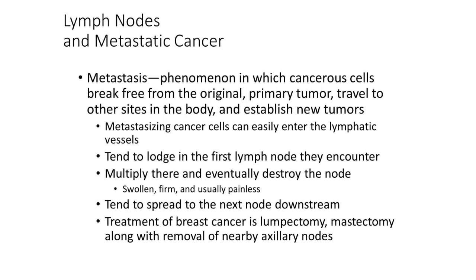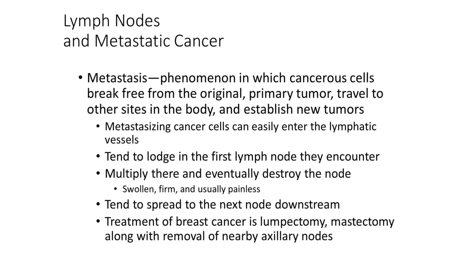It may be painless, you might not even realize it, but it will make the nodes swollen and firm. And then they spread, like it says here, kind of downstream, meaning they just start flowing through your lymph and infecting whatever they come into contact with.